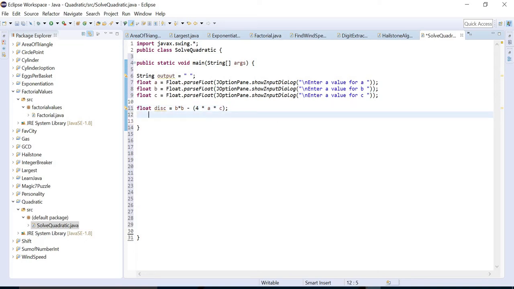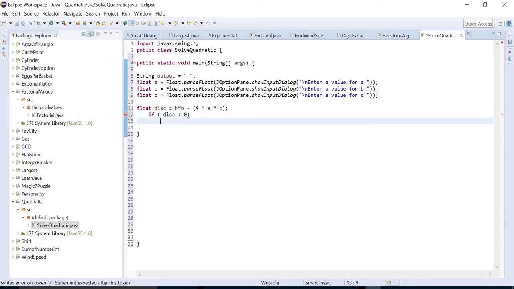Now, if this is less than 0, like I just said, guys, we're gonna have no roots. The output plus equals "There are no roots for the equation."